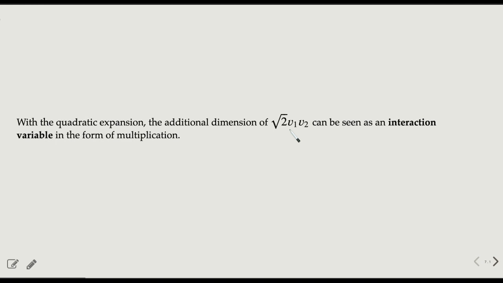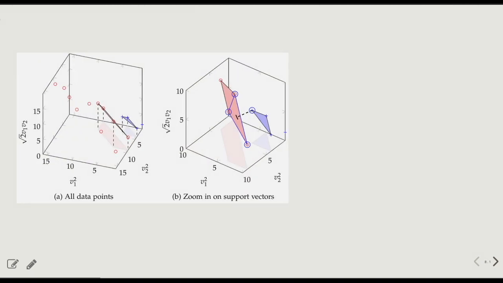That is, whether a car is acceptable or not may depend on some form of interaction between the buying price and the maintenance cost, V1 and V2. Take a look at the higher dimensional space when all these three features are considered: V1 squared, V2 squared, and V1 times V2.